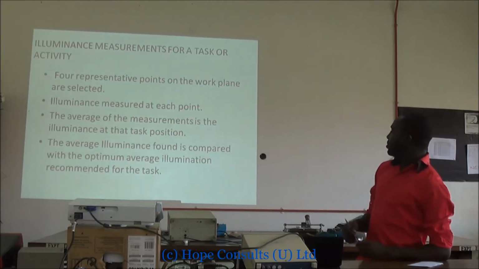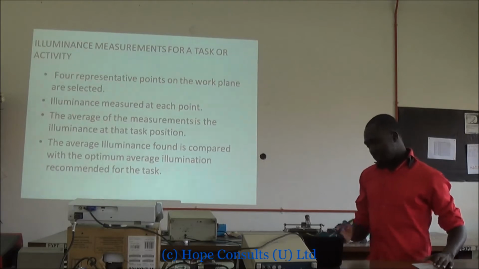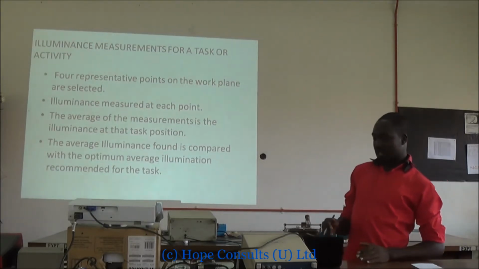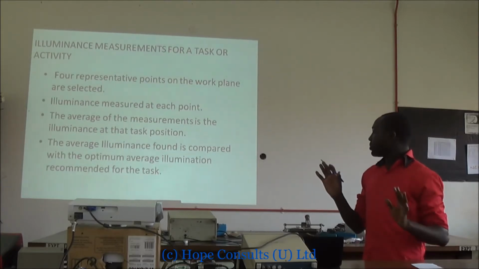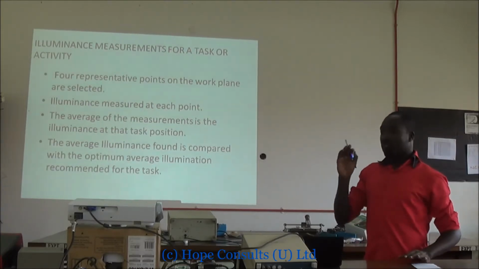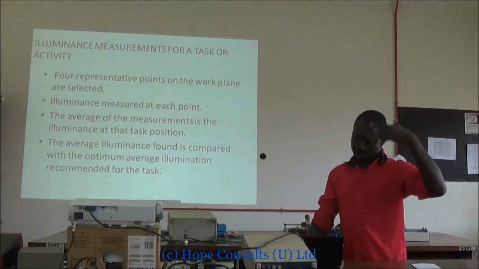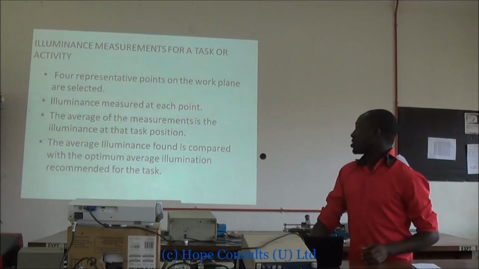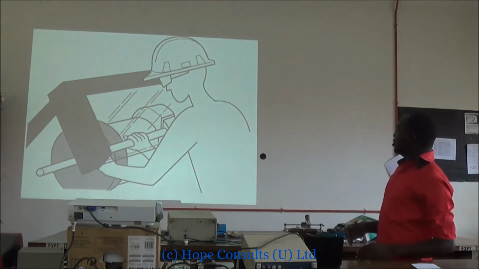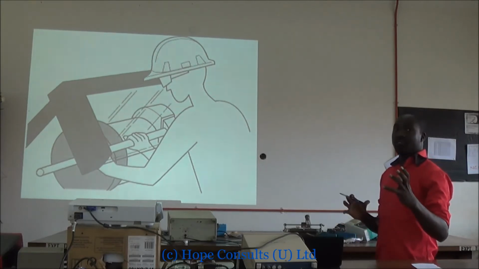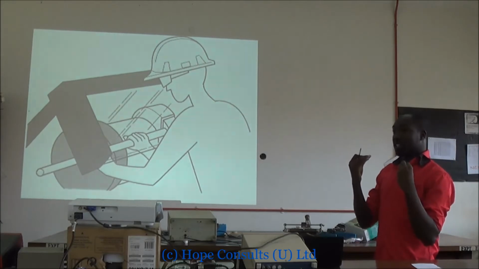The average is then compared with the optimum average illumination recommended for a task. We didn't put it here, but there is a table that contains the optimum average illumination for every task. I think we shall also include it in the PowerPoint we're going to send next. Now when you look at that guy operating that thing, from different sources of light he's getting a reflection direct to his eyes.